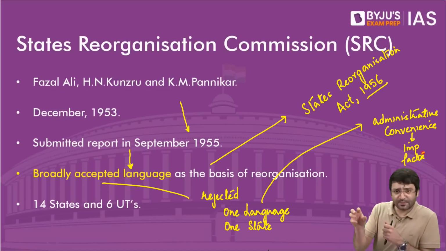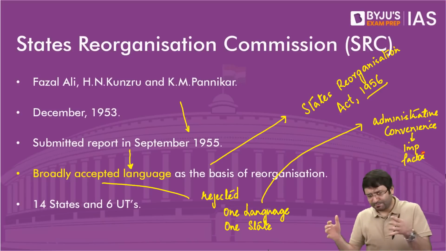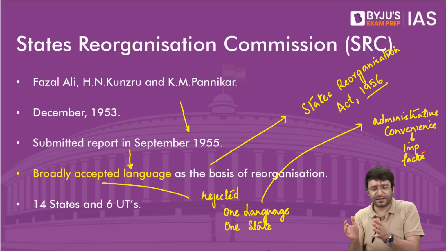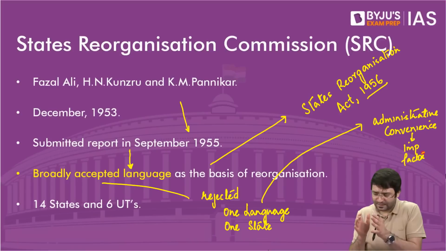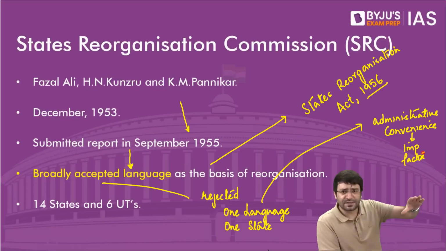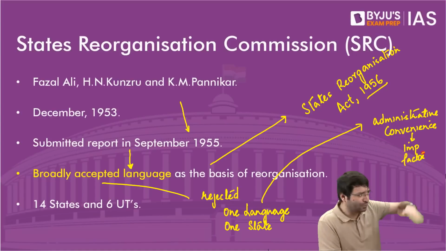States Reorganization Commission, which was set up in December 1953, met for close to 2 years, submitted its report in September 1955. This State Reorganization Commission said, yes, language can be the basis for reorganization. Why? Because in 1947, when we had Part A, Part B, Part C, Part D states, that commission was asked in 1948, how do we reorganize the country?